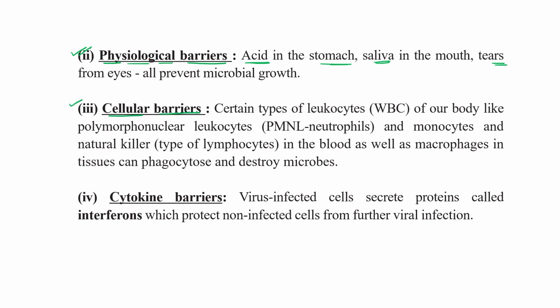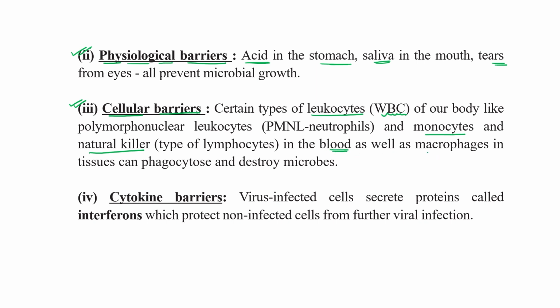Third is the cellular barrier. Cellular barrier means certain kinds of cells act as a barrier, like leukocytes, or white blood cells. These include polymorphonuclear leukocytes, monocytes, and natural killer cells, which are found in our blood.